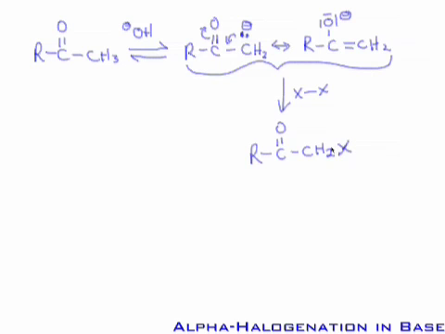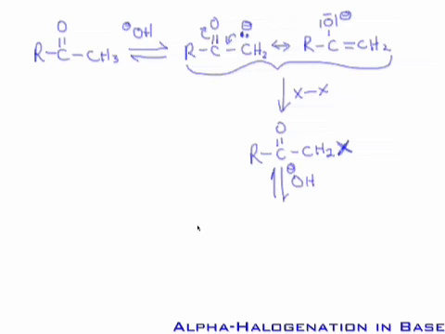Now, unlike acid, the base must deprotonate to make the enolate, and this reaction rate is controlled by the concentration of enolate. The fact that you put a halogen here will stabilize the formation of the negative charge because of electronegativity, so the next attack with hydroxide goes a little faster.